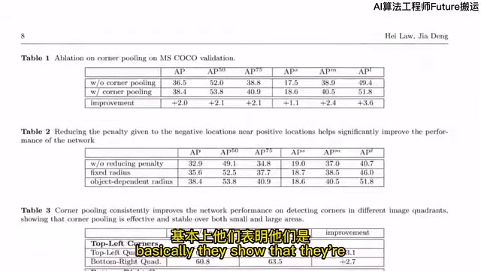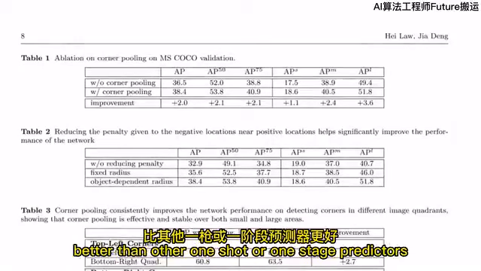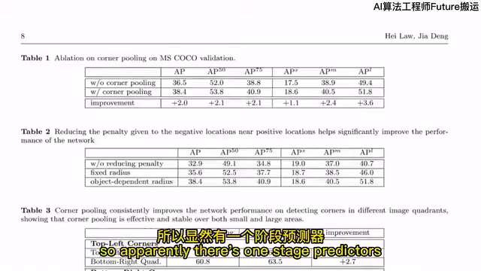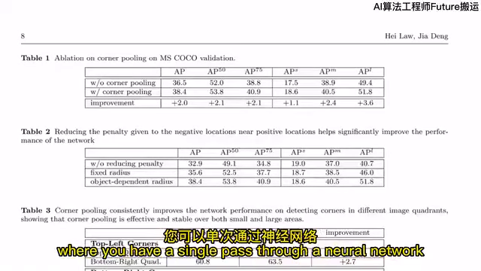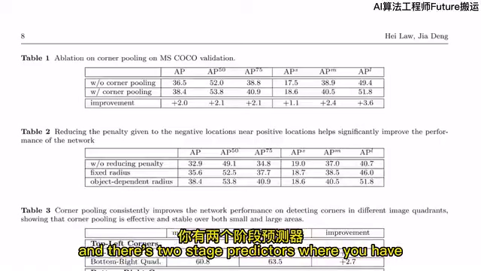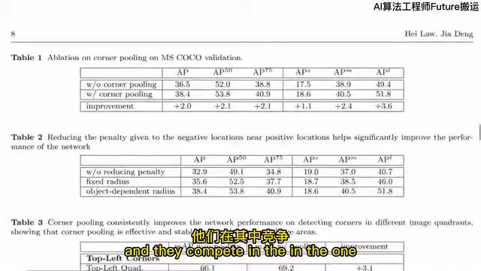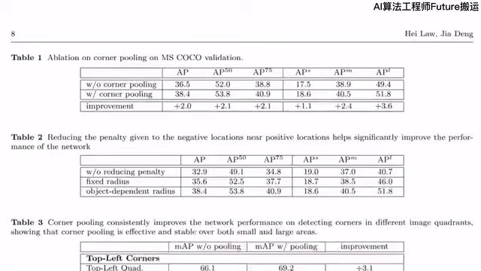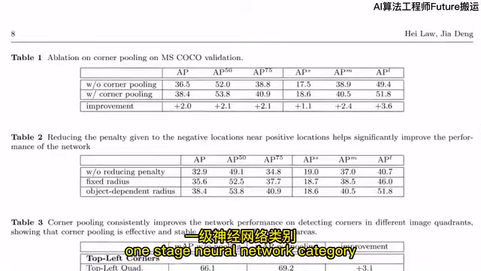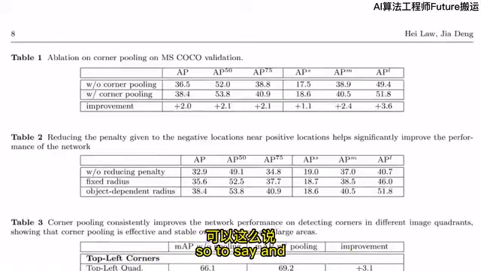And they ablate the various things here. Basically, they show that they're better than other one-shot or one-stage predictors. So apparently there's one-stage predictors where you have a single pass through a neural network, and there's two-stage predictors where you have multiple or two passes through different neural networks, and they compete in the one-stage neural network category, so to say.